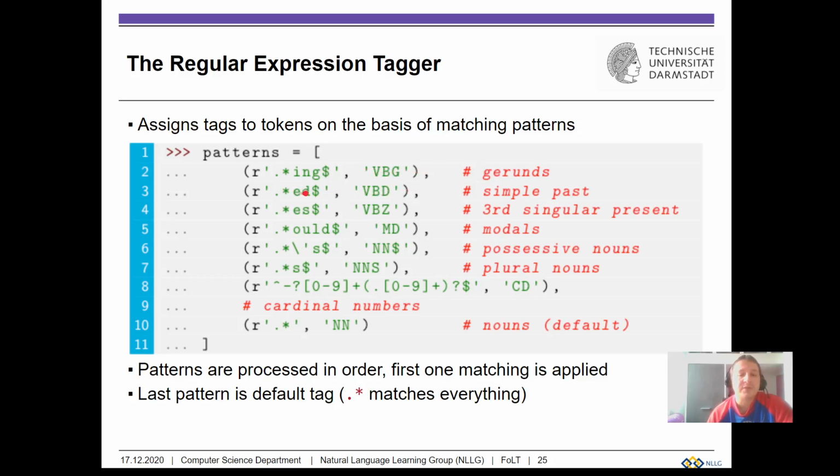If something ends with ed, I label this as VBD. If something ends with ould, I will say this is a modal, as in should or something, right? And if something has digits, then I label this as cardinal numbers. So you can come up with those rules, but of course, coming up with those rules is also costly.